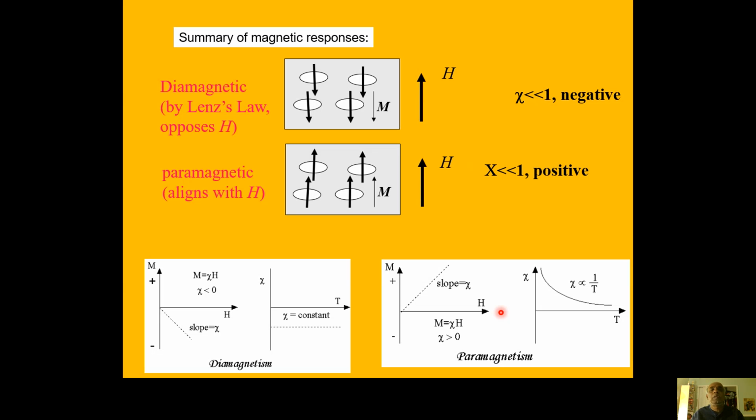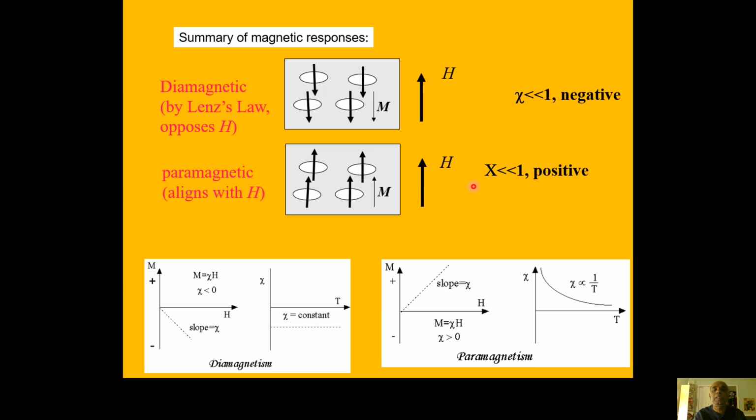So if you want to summarize everything, so we know diamagnetism. This is more like the Lenz law, right? If you apply external magnetic field, your spins will arrange in the opposite direction, right? So that means your chi is a negative number, but this value is very much smaller than 1, so a very small number.